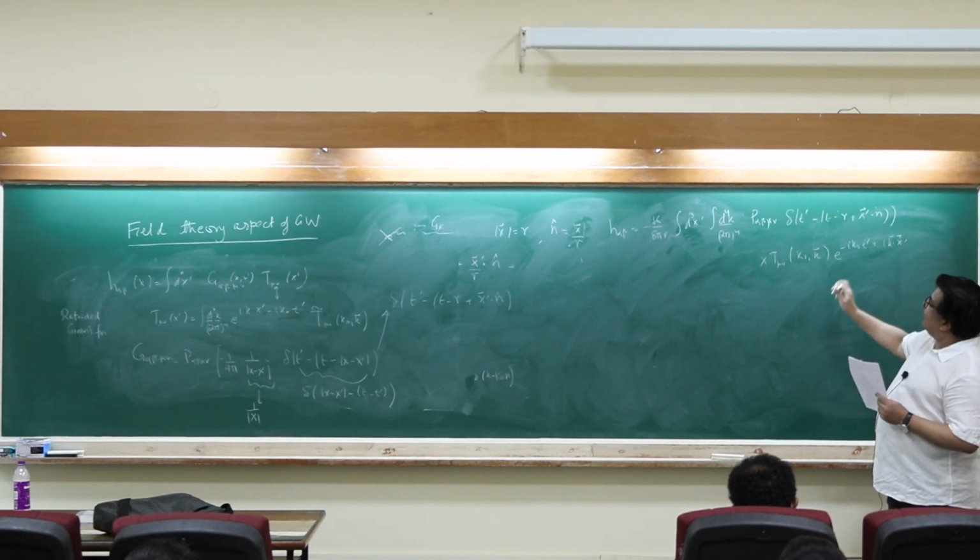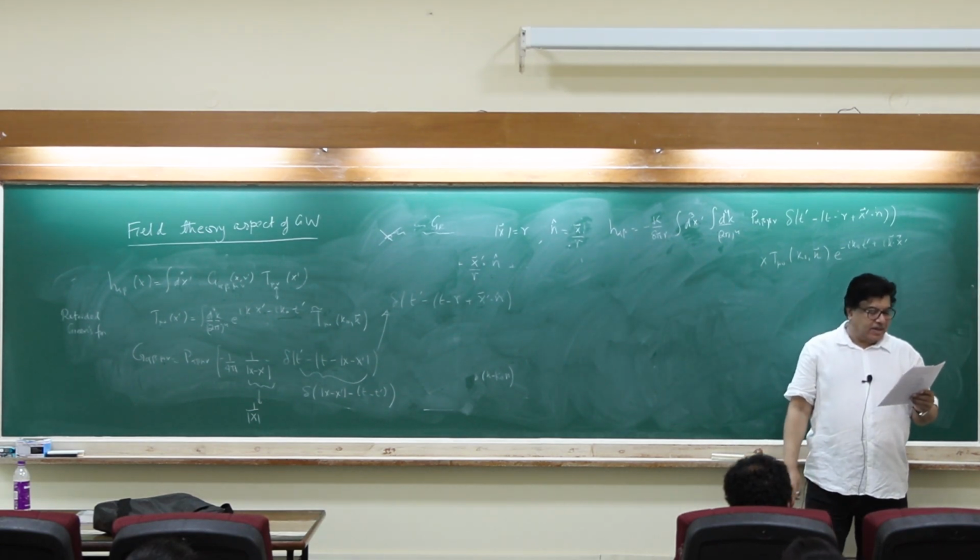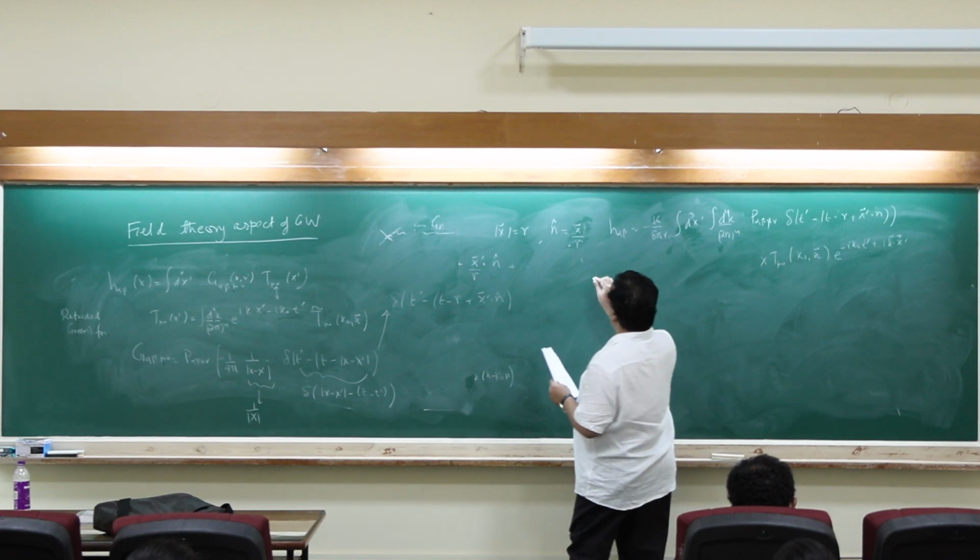In this, all I have done is take 1 by x prime dot x to be 1 by r. Okay. Now do the t prime integral.